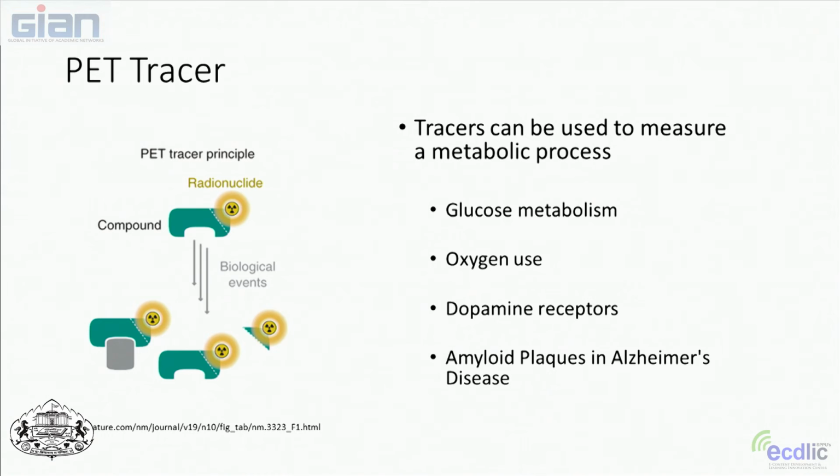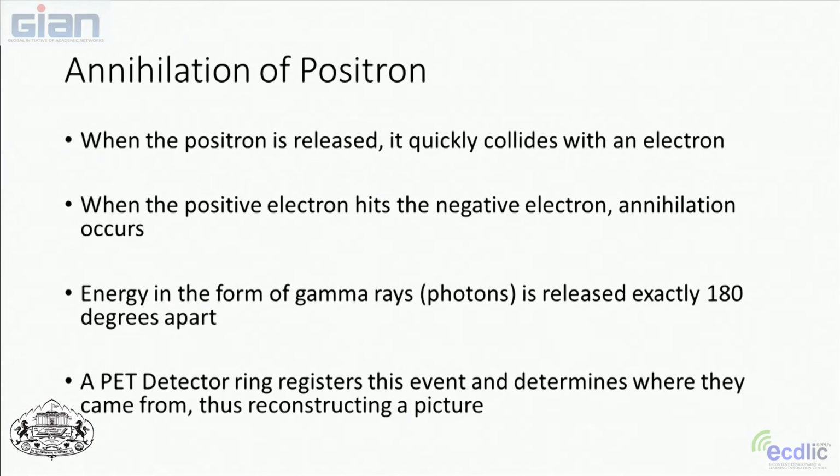We'll talk about it a little bit later, but it was something unique to the group that I worked with. And again, the picture on the left shows a basic schematic of what we're doing. So we're labeling this compound with our radionucleotide. We're injecting it into the body. When it binds or is used by the body, which is shown on the left there with the purple, so that's a picture of it binding to something, this radio tracer is released, and it comes off of the molecule and goes up into the air, and then it collides with the electron.